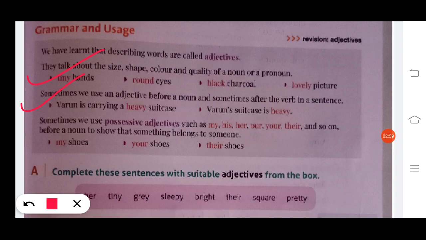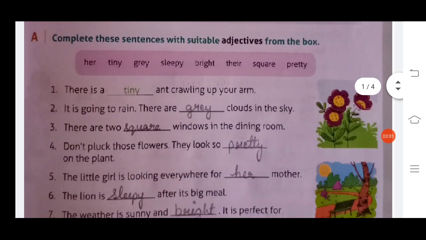Now we move on to exercise A. Complete these sentences with suitable adjectives from the box. The pink box is the help box. Some words are given, some adjectives are given, and you have to use those adjectives in the blanks.